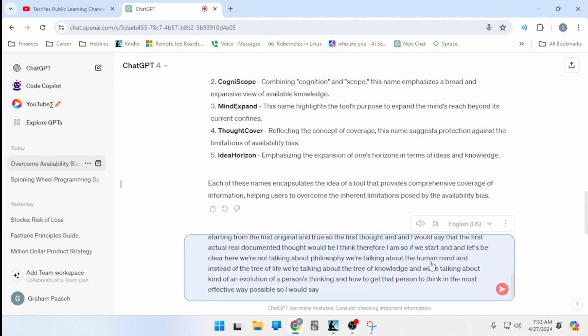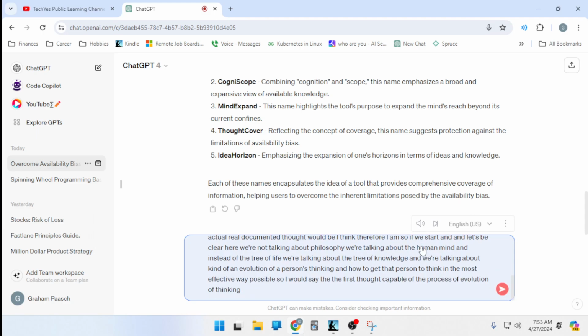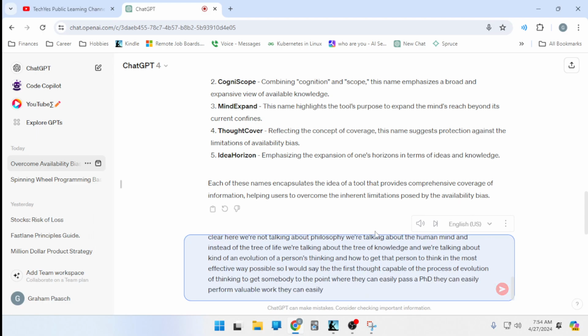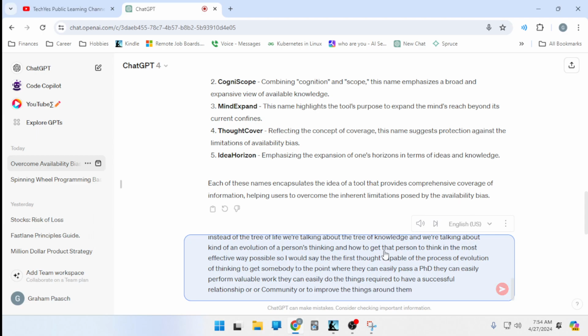I would say the first thought capable of the process of evolution of thinking to get somebody to the point where they can easily pass a PhD, easily perform valuable work, and easily do the things required to have a successful relationship or community, to improve the things around them, to have the discipline to accomplish long-term objectives, to make good financial decisions.